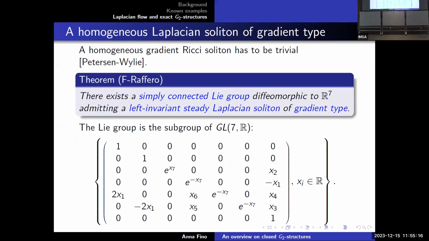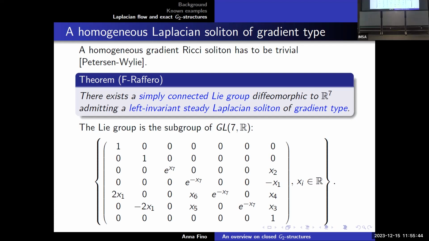Very recently, with Alberto, we constructed a homogeneous gradient Hitchin flow soliton. This is the first example of a gradient soliton for a geometric flow. The group is very simple to describe and gives a homogeneous steady soliton.